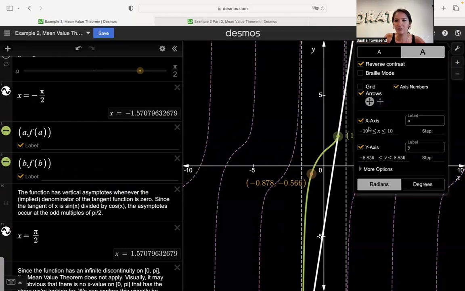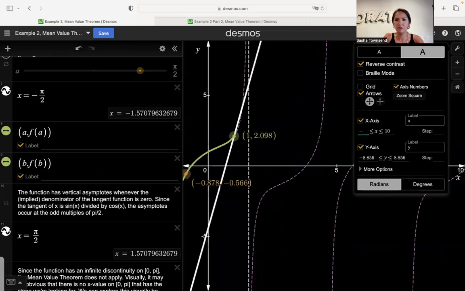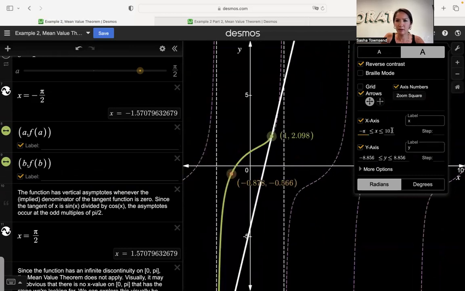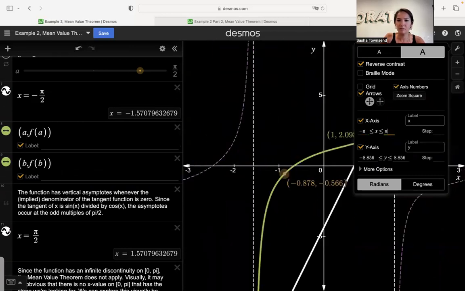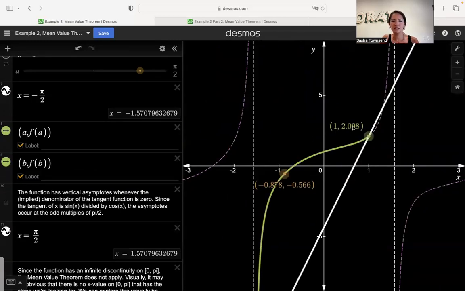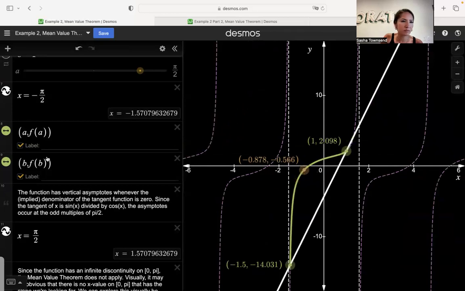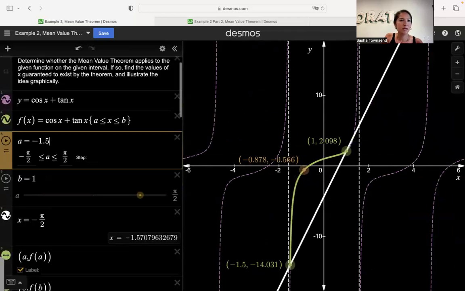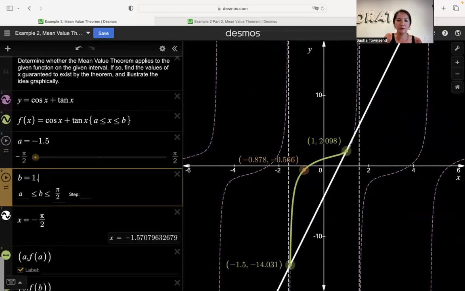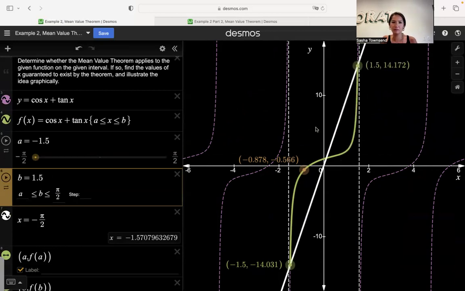Let's let x go from negative 5 to 5. Maybe negative pi to 5, so it's a little bit easier to see what's going on. And maybe let's let b go out to 1.5, so we had a little bit more symmetry there.